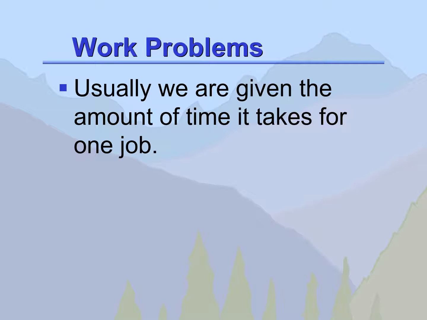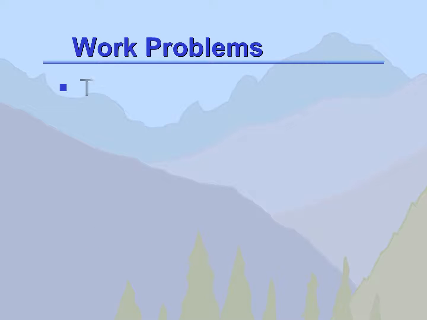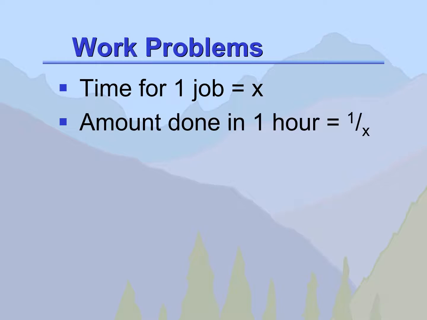So usually in work problems, we're going to be given the amount of time it takes for one job. And then we usually want to know how long it will take to get the job done. So we're going to let the time for one job be X, which means that the amount done in 1 hour would be 1 over X. So remember the problems that we looked at the beginning to help you remember that that's what we do.